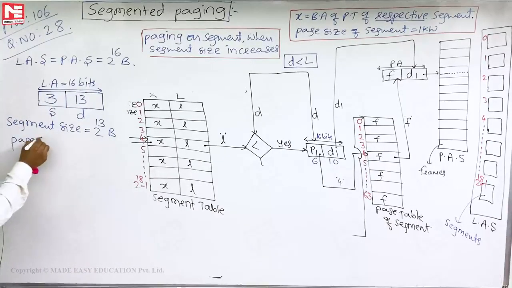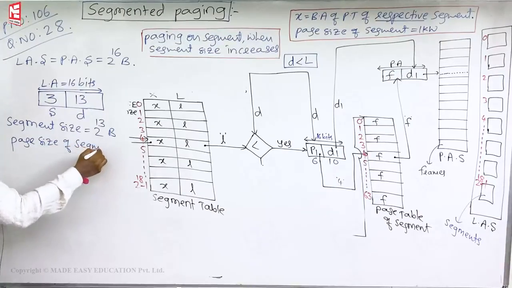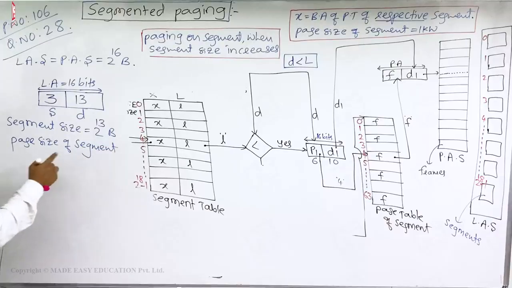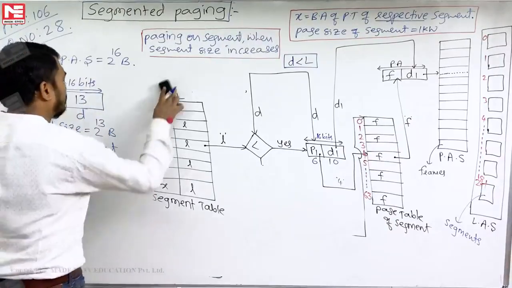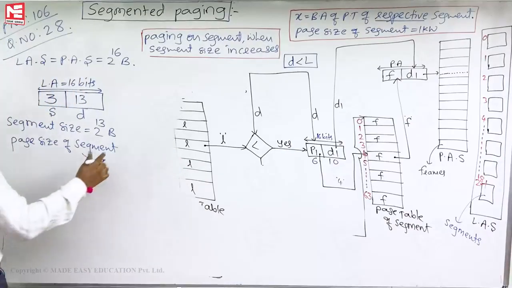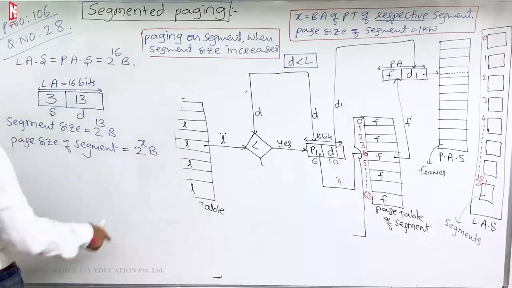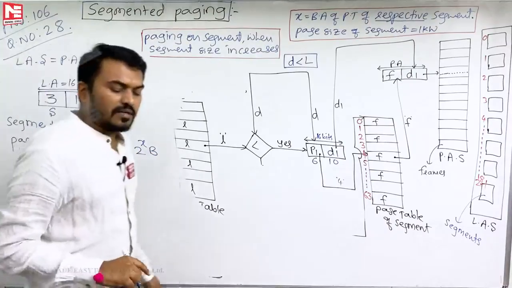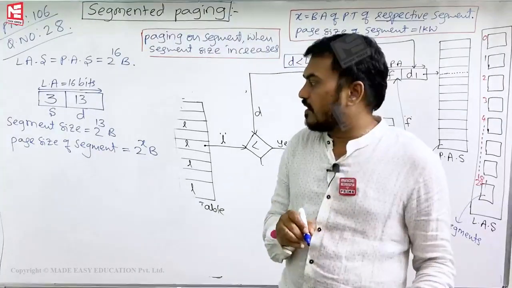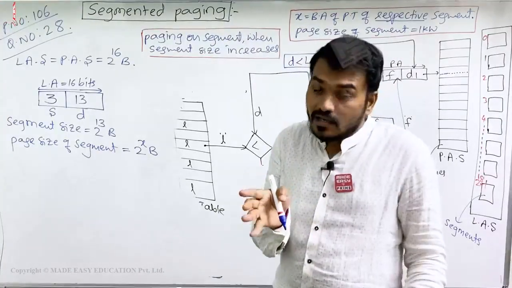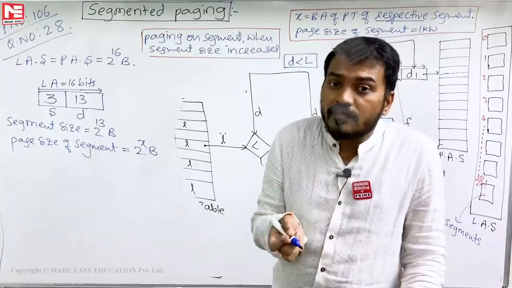So it means you need to understand, क्या समझना है? Page size of segment. बताओ, page size of segment क्या assume करोगे? 2 power x bytes assume करना चाहिए. ओके, क्या दिया question में? Segment is divided into equal size pages which are of powers of 2.